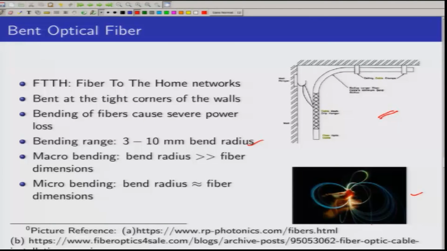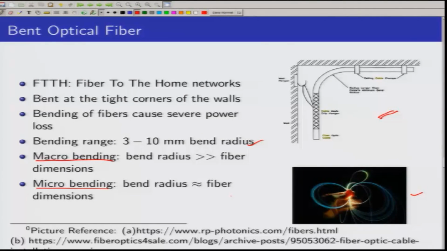So, we need to see the amount of light that is getting radiated away, and these bendings are broadly classified into two types: macro bending and micro bending. As the name suggests, if the bending radius is much greater than the fiber dimensions, it comes under the macro bending category, and if the bend radius is approximately equal to the fiber dimensions, it comes under micro bending.